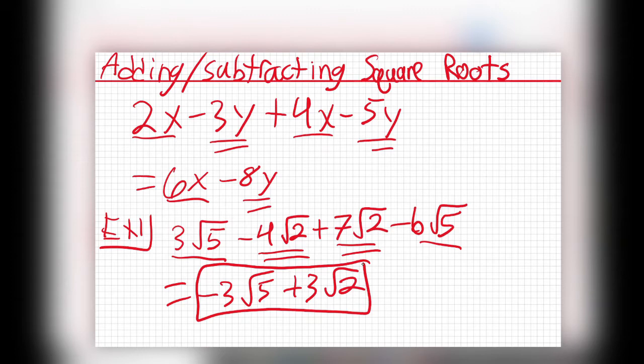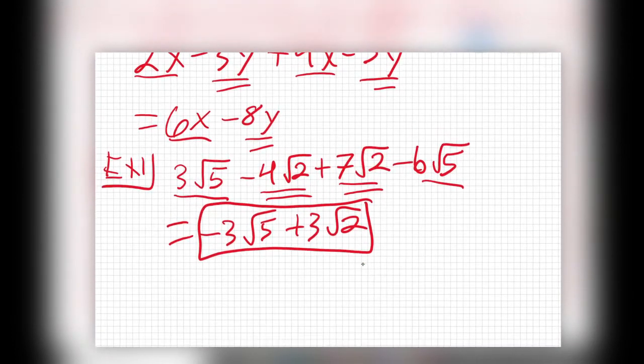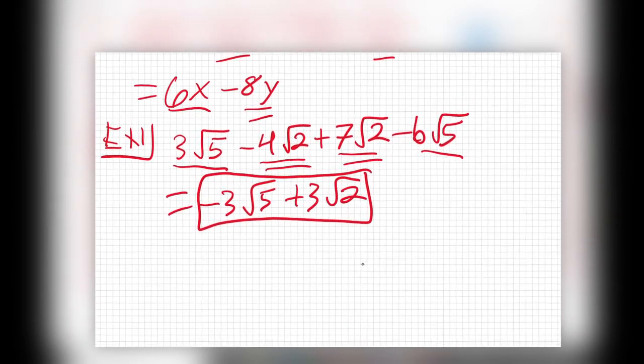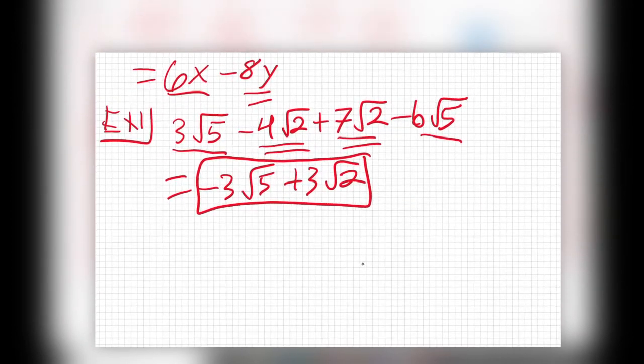Now, not all the problems you're going to see are going to be as straightforward as this. We're going to look at some with a little more detail and a little more difficulty. So here, example 2.